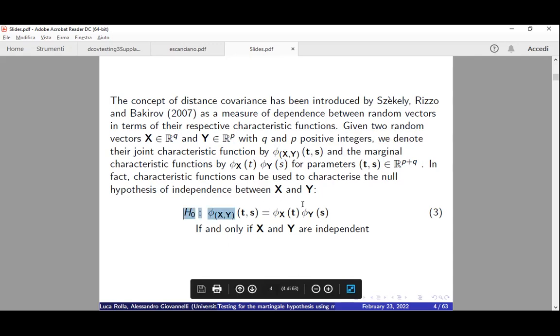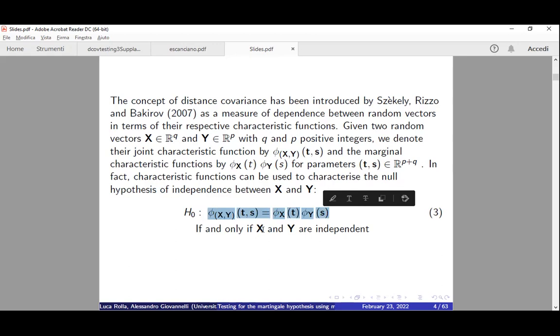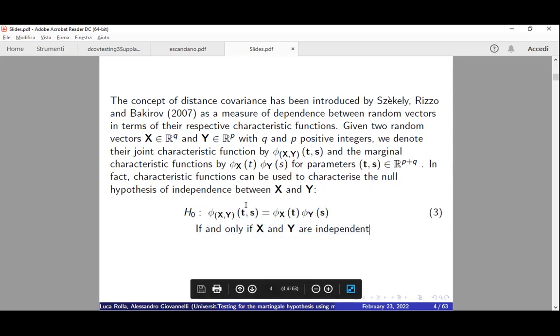Distance covariance checks the hypothesis that the joint characteristic function equals the product of the marginals. This condition is satisfied if and only if x and y are independent.